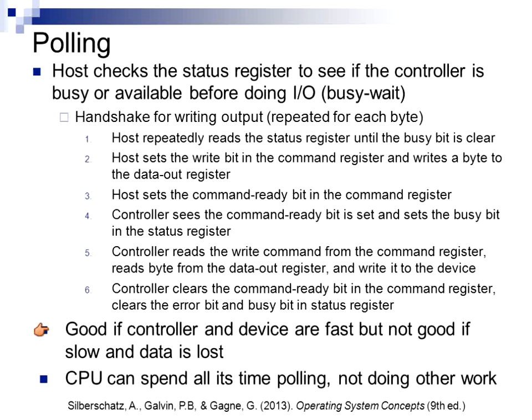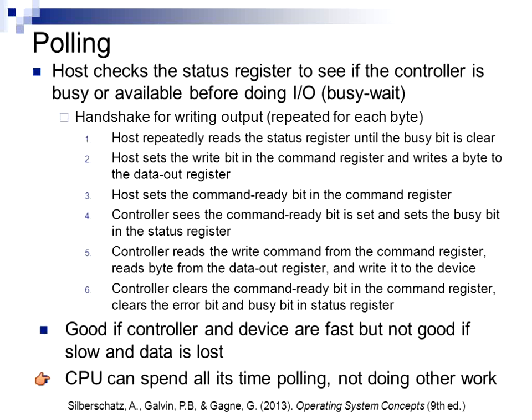So this kind of operation works well if the controller and the device are fast. But if the controller and device aren't very fast, data could actually be lost in your system. So you don't want to do this kind of polling unless you're sure that the device and the controller can keep up with how fast the CPU is telling it to read or write.